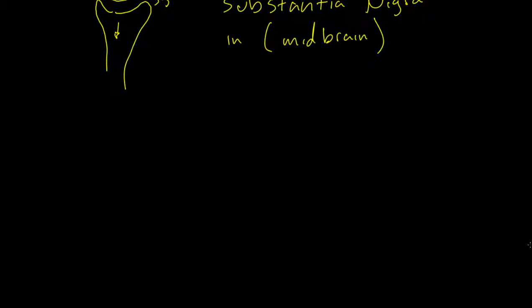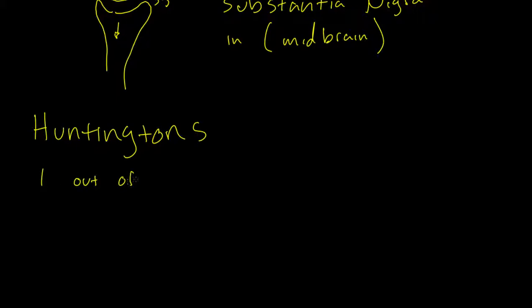Moving on to Huntington's disease. Okay, so Huntington's affects one out of every 10,000 people, and there's a 50% chance of passing it on.